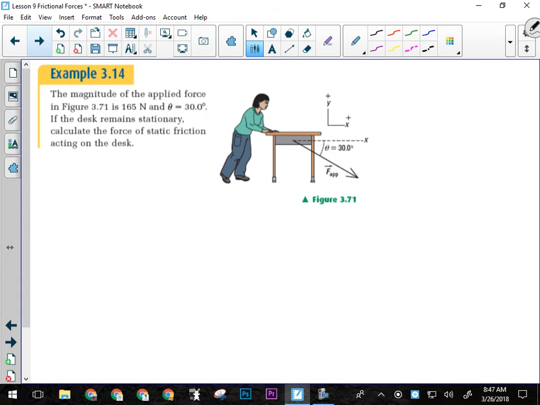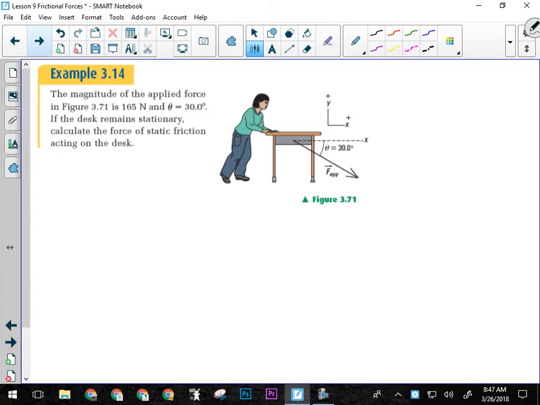If I'm looking at this example here, I've got this applied force of 165 newtons that's directed 30 degrees below the horizontal. The desk remains stationary. We want to calculate the force of static friction acting on the desk. If the desk doesn't move, what's the net force? 0.